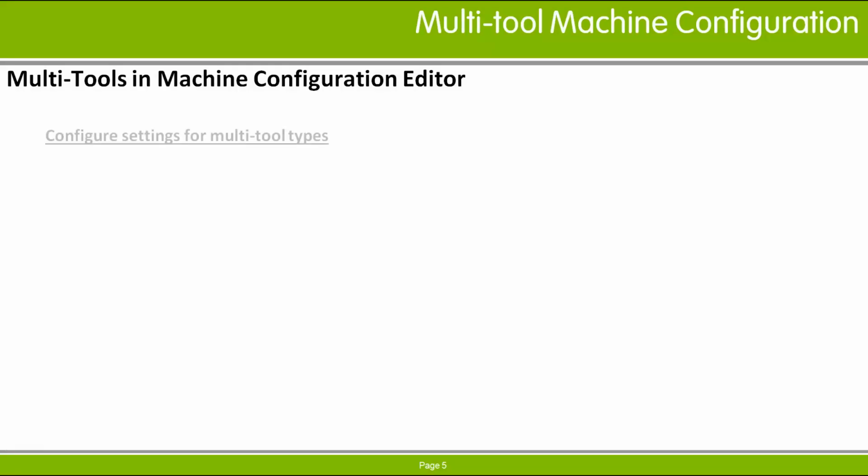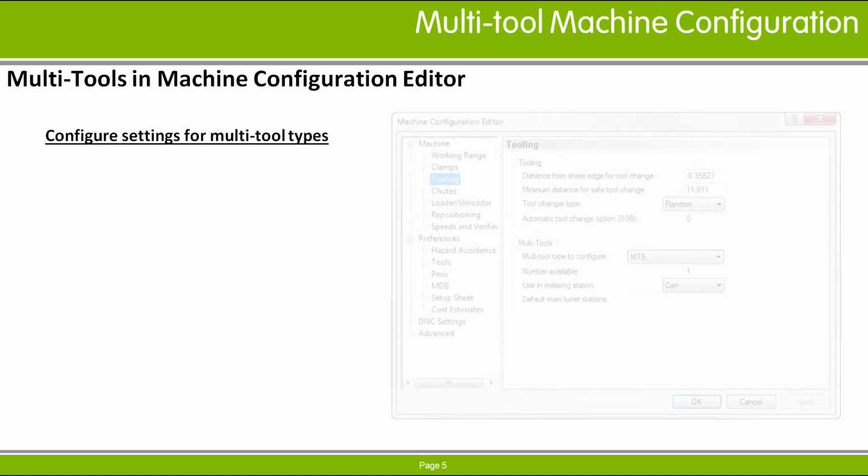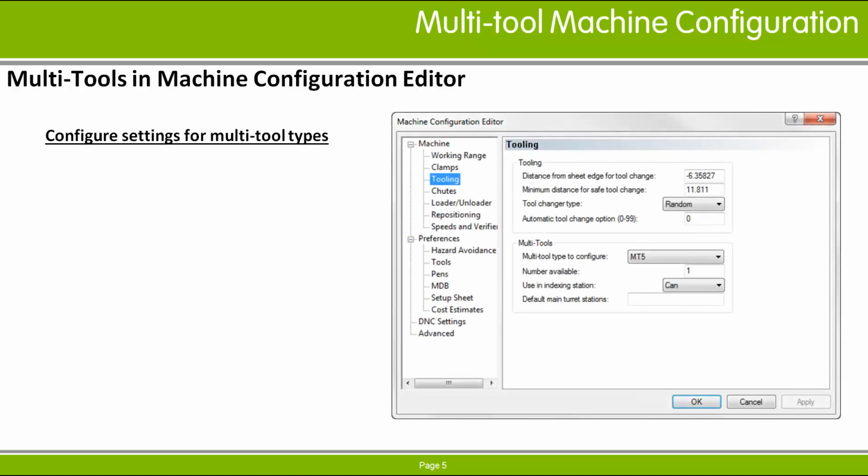Settings for controlling multi-tools for your machine configuration are defined in the Machine Configuration Editor. If you have just purchased a new type of multi-tool assembly, you will need to add this new multi-tool type to the system. This is done in the Machine Configuration Editor's Tooling category in the Multi-Tool section.